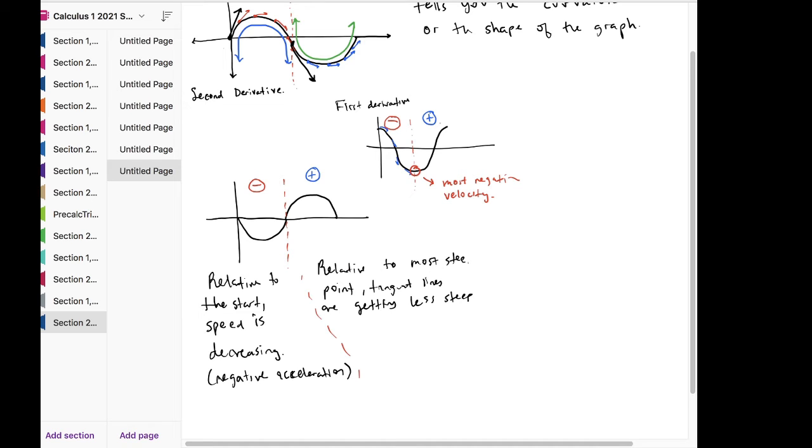So in other words, the slope is increasing. So that's why it's positive acceleration. Everyone see the idea there? So it measures how much the speed is changing, or in other words, how much the tangent lines are changing. How are the tangent lines changing?